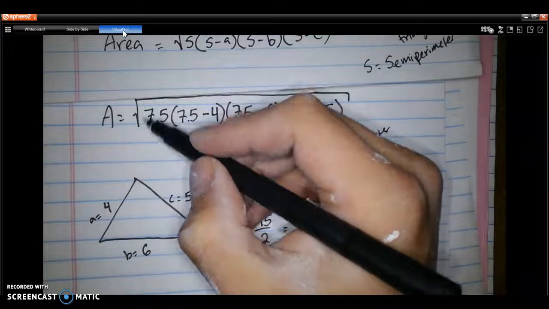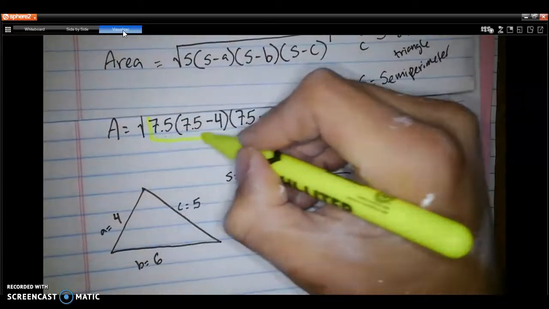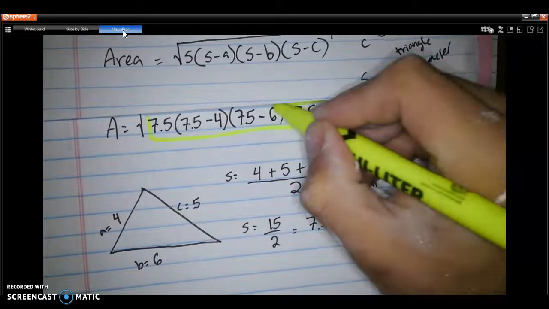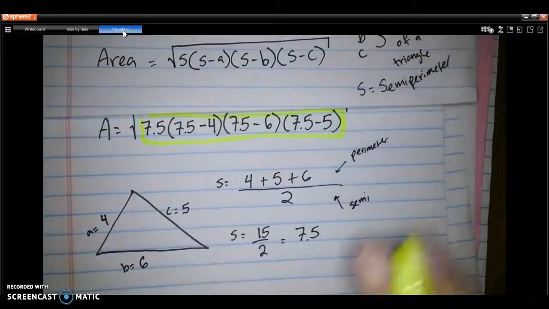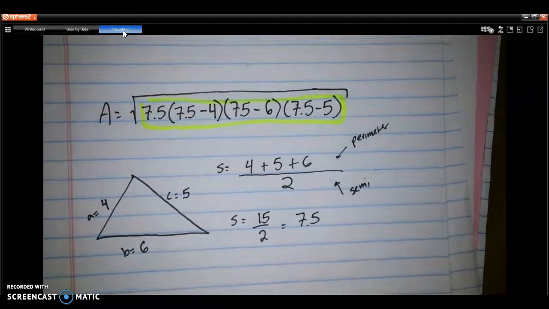Now what I like to do is I'm actually just going to do the inside of what we call the radicand. I'm going to evaluate that in my calculator first. I don't like to do too many steps in my calculator because the syntax can be a little bit difficult for some of these more complex problems.